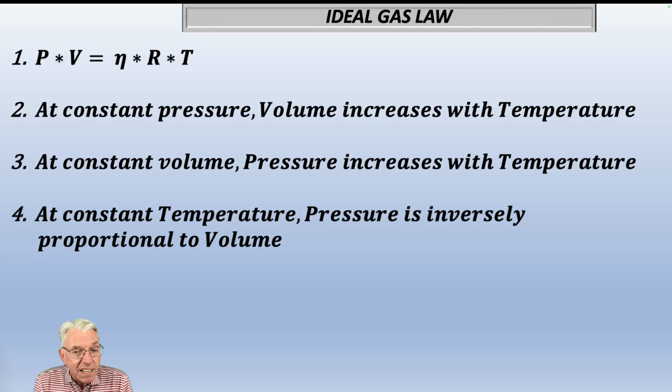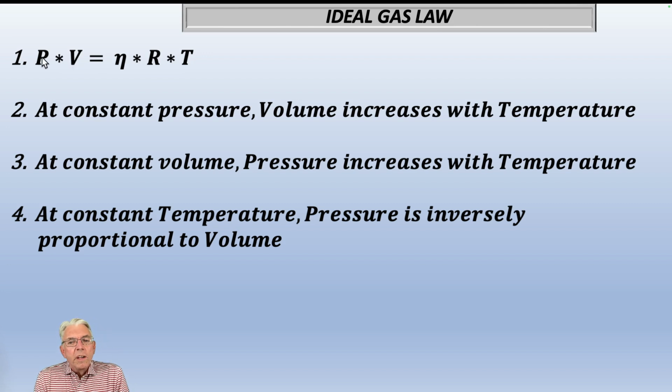However, at a constant temperature, then pressure is inversely proportional to the volume of a gas. So if this is the same and this is the same and this is the same, then if the pressure goes up, the volume has to go down. And if the volume goes up, the pressure has to go down.